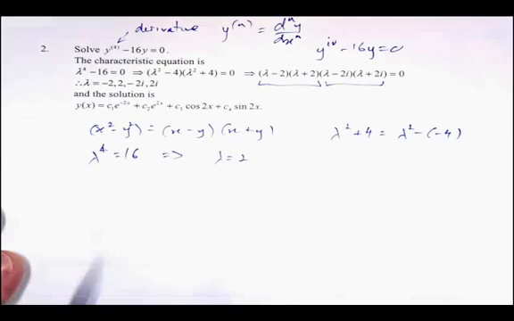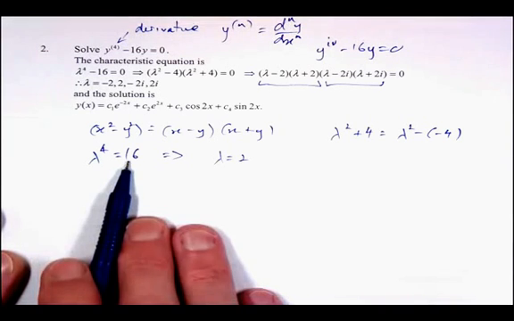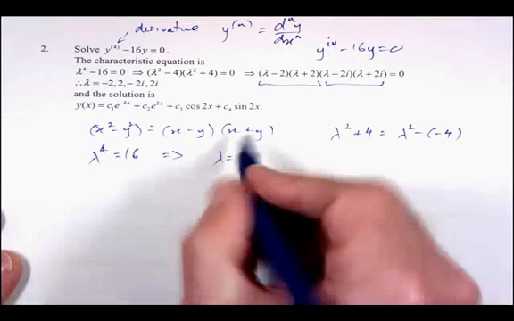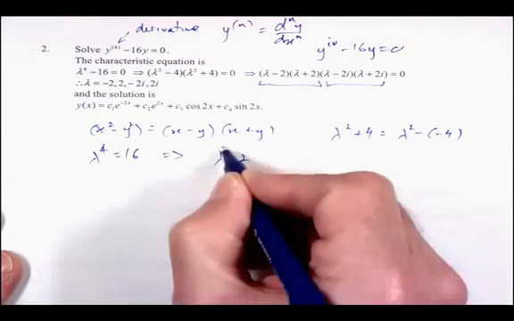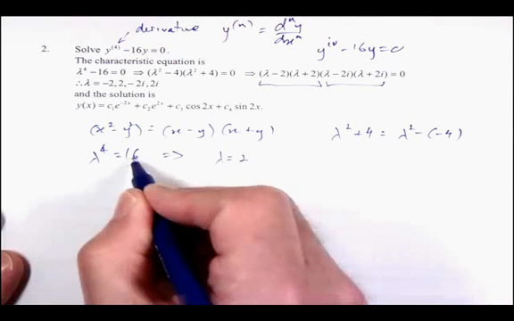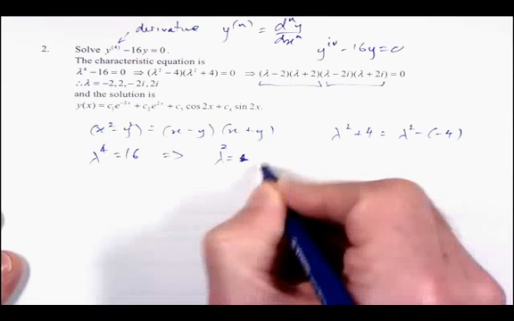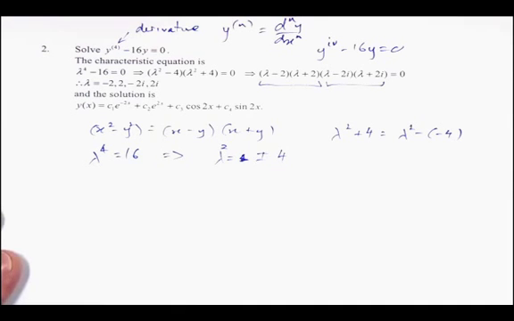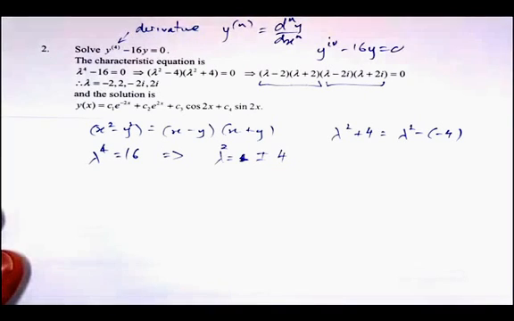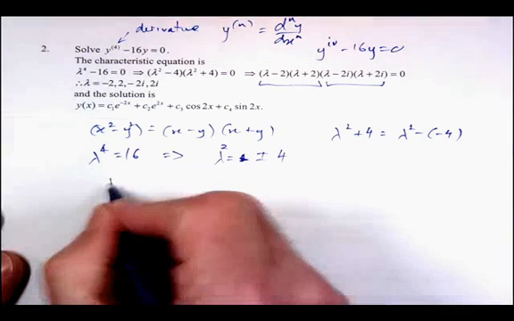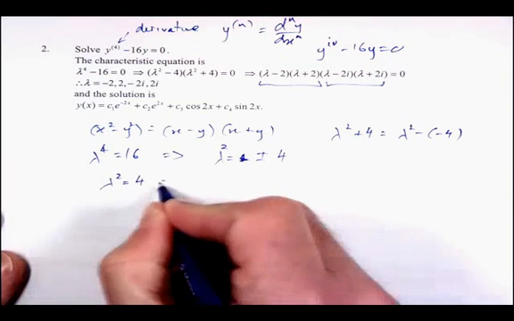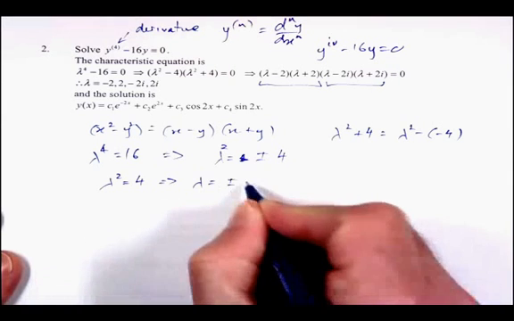Another way to approach it would have been to have followed this through and done it correctly by saying that in this case, if lambda to the fourth is 16, then lambda squared, that's taking the square root of both sides, but remembering to put the plus or minus in there, tells you that lambda squared is plus or minus 4. So out of the first one, lambda squared equals plus 4 gives you lambda equals plus or minus 2.